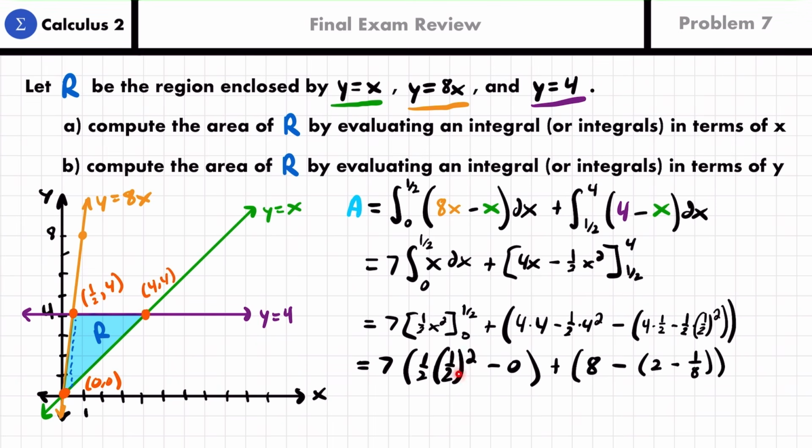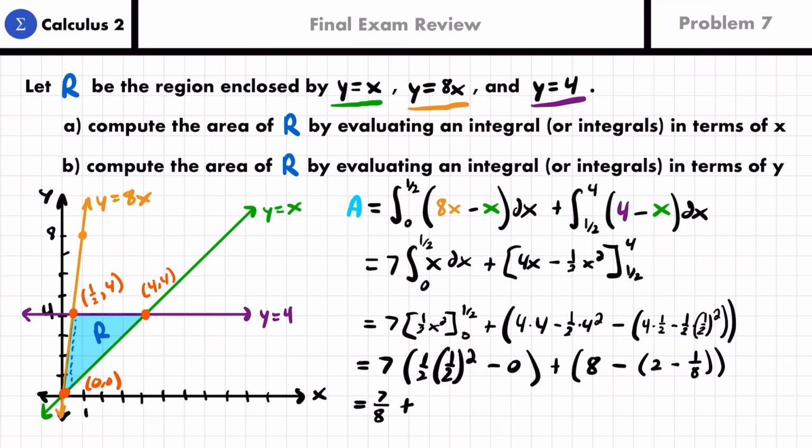And then a very similar simplification over here. 1/2 squared is 1/4. 1/4 times 1/2 is 1/8. 1/8 minus 0 is still 1/8. And then multiplied by 7 gives you 7/8. And that will be added to this expression. 2 minus 1/8 will result in 15/8 because 2 would be the same as 16 divided by 8, or 16/8.